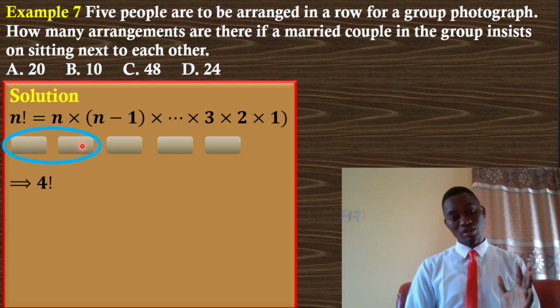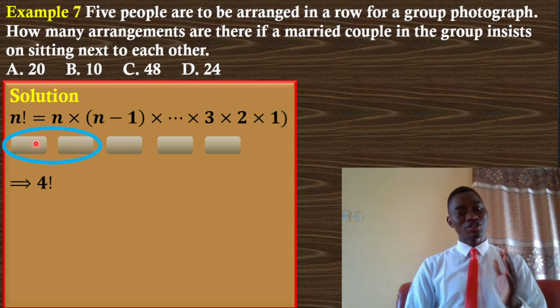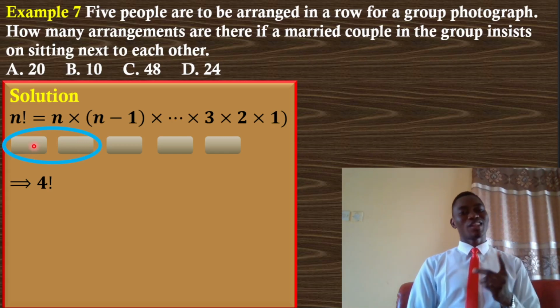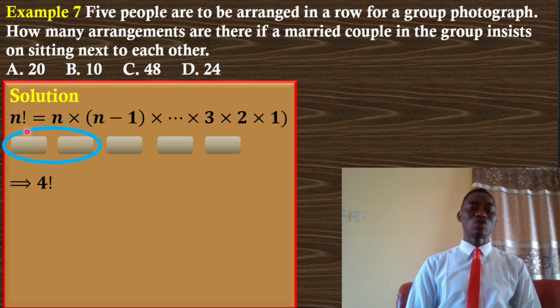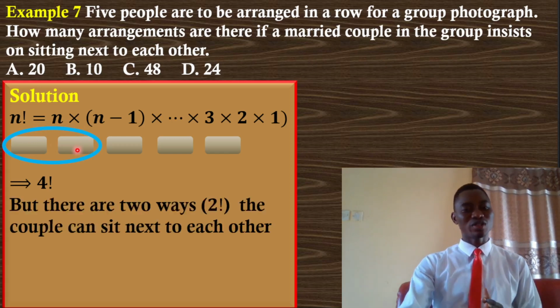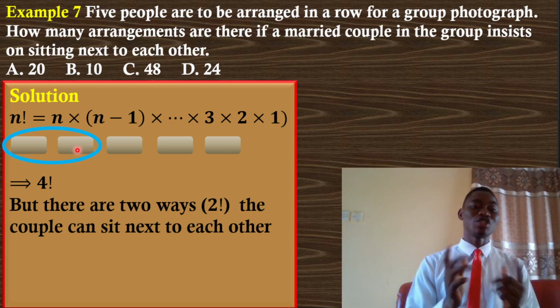That is, the man, when I say the man, I mean the husband, can sit on the first seat, then the wife sits on the second seat, or the wife sits on the first seat while the husband sits on the second seat. So there are 2 factorial ways the couple can sit next to each other.